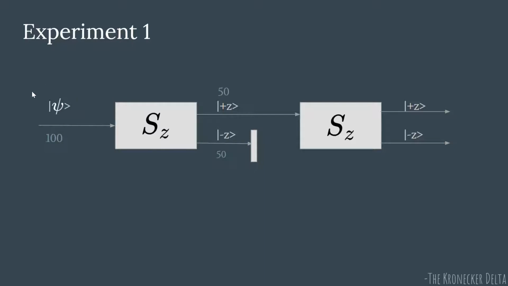When we input a generic ket coming out from the oven, any particular atom has 50% probability to be of this kind, meaning its spin component along z will be pointing up, and 50% probability that its spin component along z will be pointing downwards.